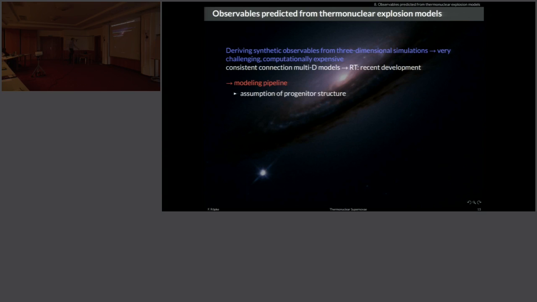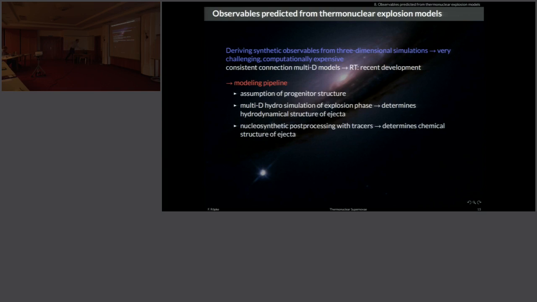Then we follow the explosion phase with multidimensional hydrodynamic simulation, and this determines the hydrodynamic structure of the ejecta. Then, in a separate step, nucleosynthesis is post-processed on the basis of tracer particles, and this determines the chemical structure of the ejecta, which is necessary for the radiation transfer calculations.